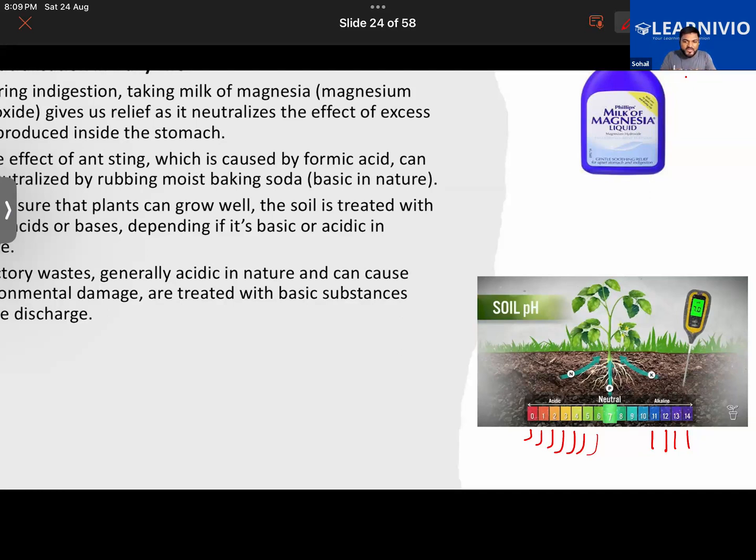So if the pH level is disturbed, if it is too acidic or too basic, they will not be able to survive, they will die. Hence the quality of the soil will go down and it will lose its fertility. That's why a well educated, well informed farmer would first of all check the pH level of the soil before planting the crops.